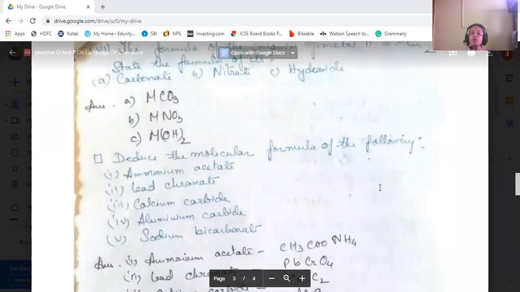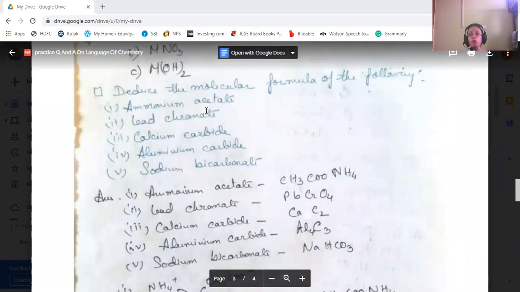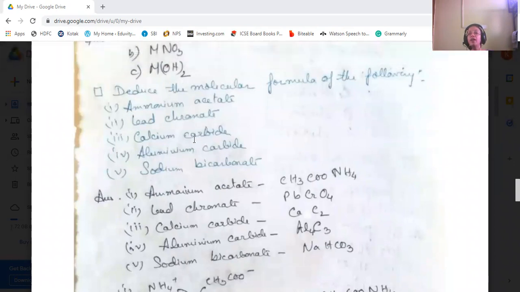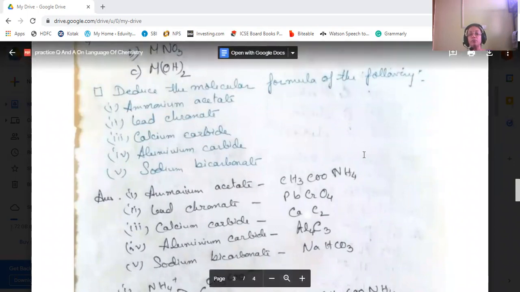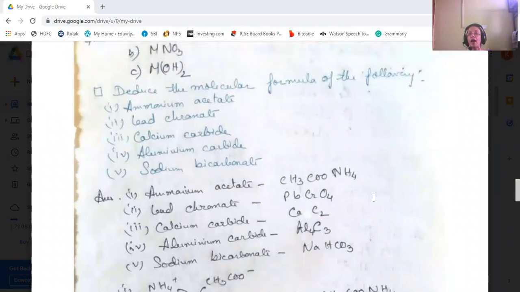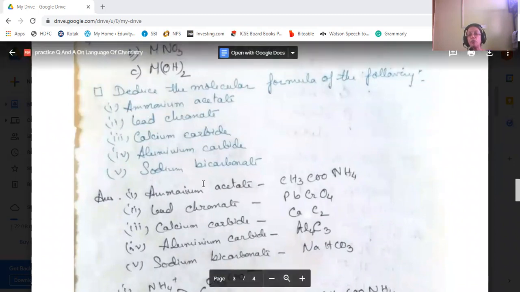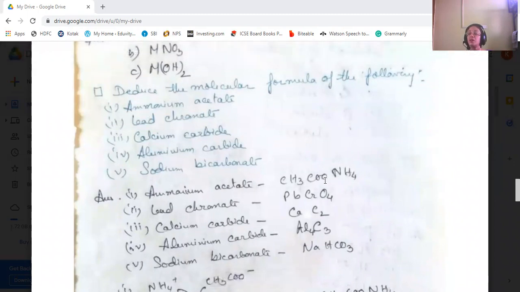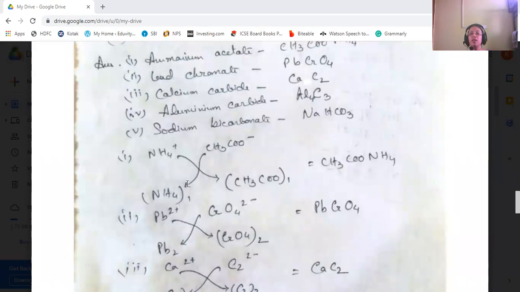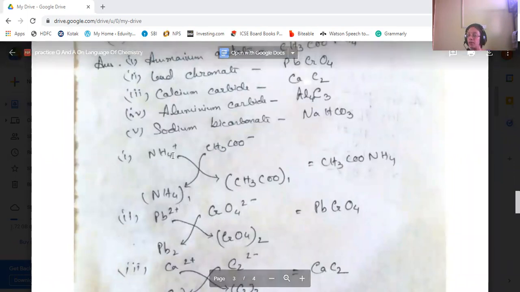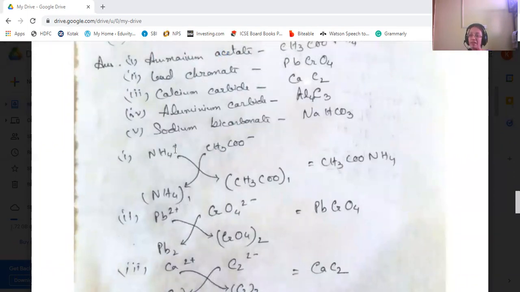Deduce the molecular formula of the following: ammonium acetate, lead chromate, calcium carbide, aluminium carbide, and sodium bicarbonate. So ammonium acetate. NH4 plus is the basic radical, and acetate, the acid radical, is CH3COO.